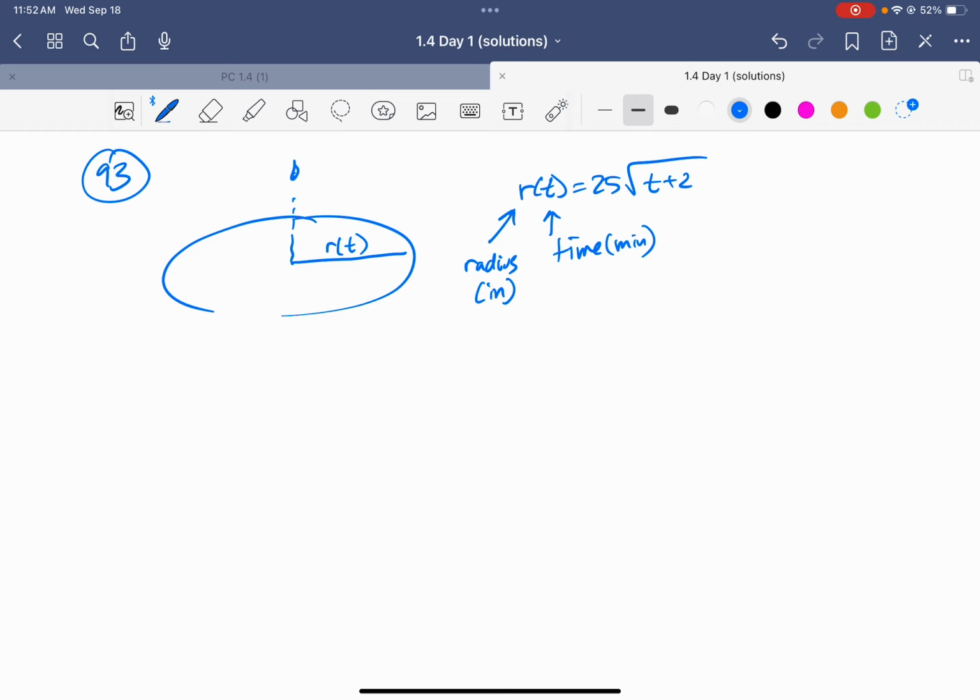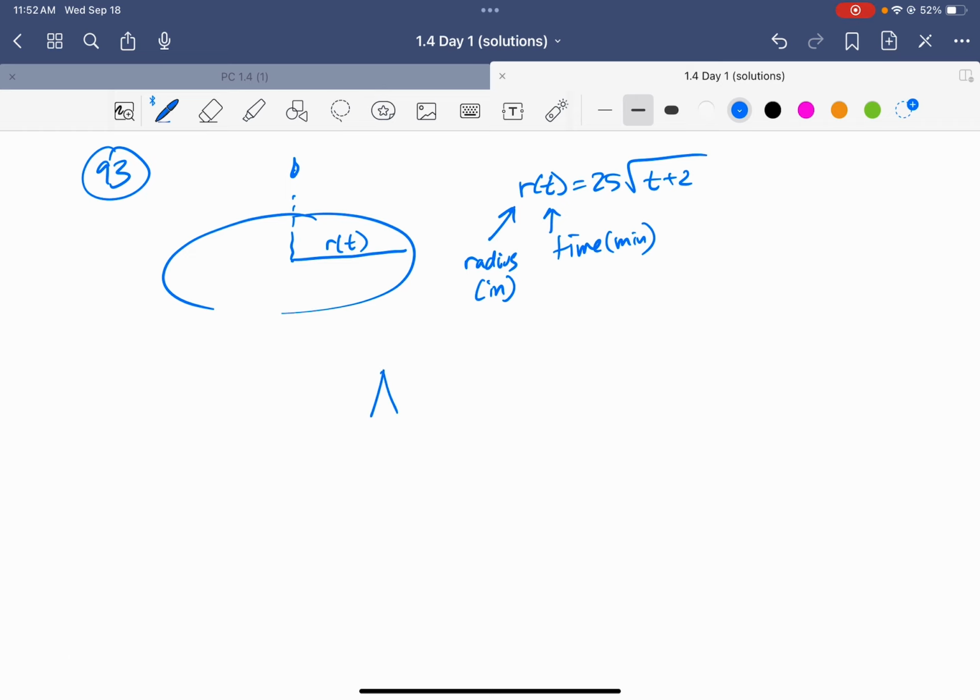It wants to know, find the area as a function of time. Well, usually I think of area as a function of the radius. So now really area is a function of radius, so it looks like this.